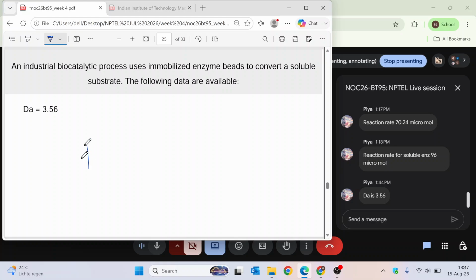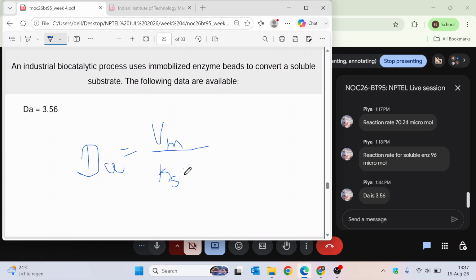So the formula to find the Damkohler number is Da equals Vmax by Ks A into Cb, and all the values are given in the previous slide.